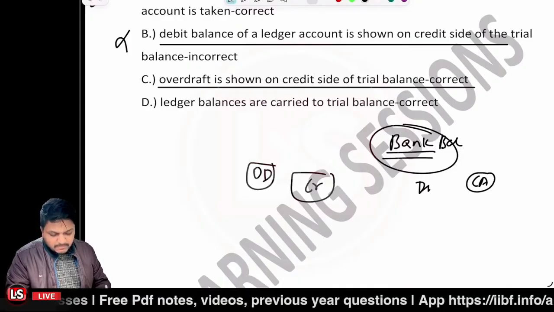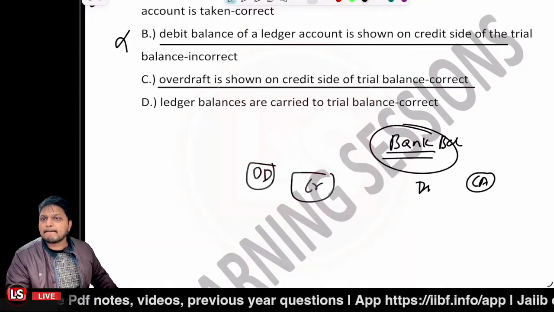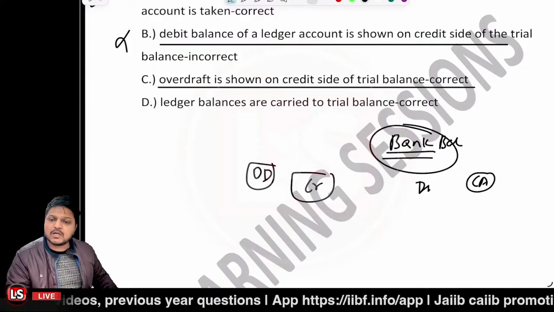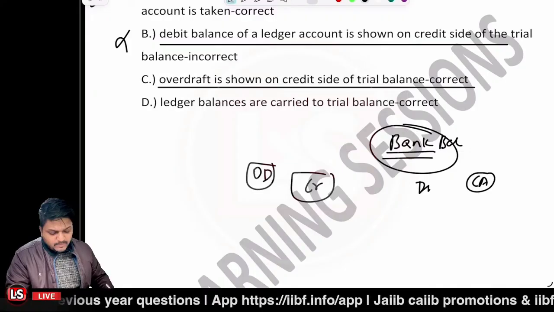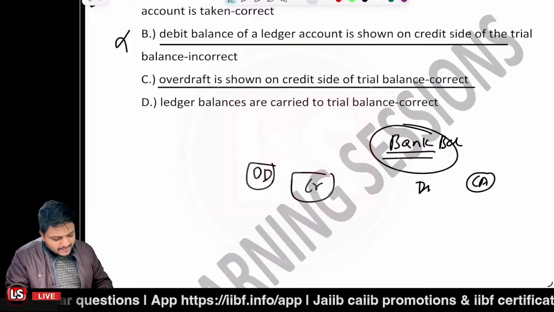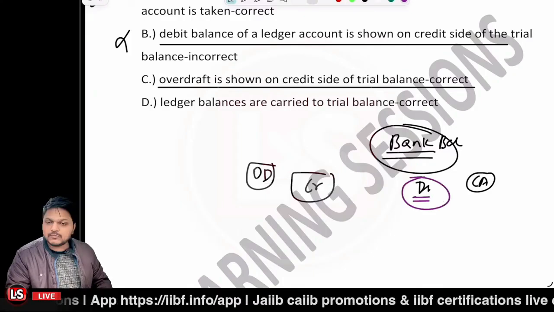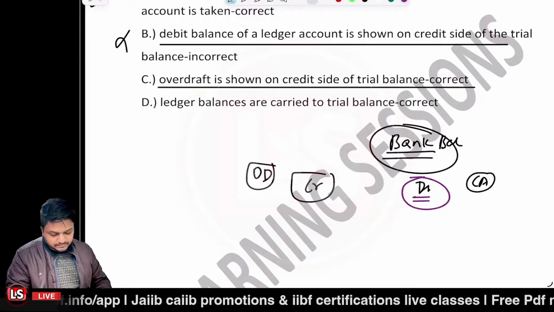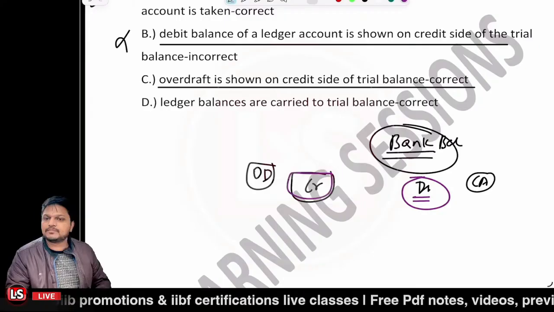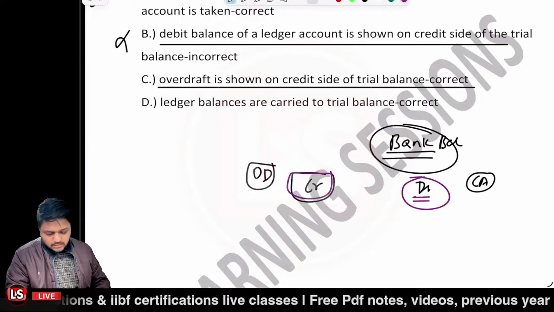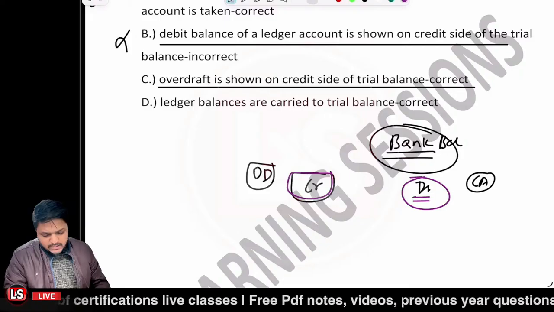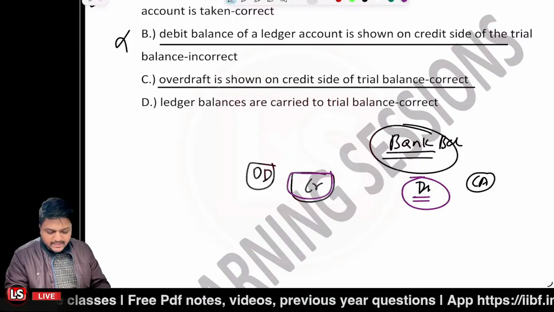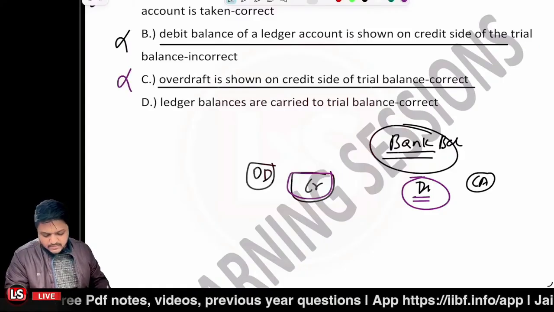Simple as that. If you are having money in your bank account, it will show a debit balance. But if you are not having money, you are having overdraft, it will show the credit balance. So if overdraft is there, it will be on the credit side of the trial balance, and it is correct. It is correctly matched, so it is also not our answer.